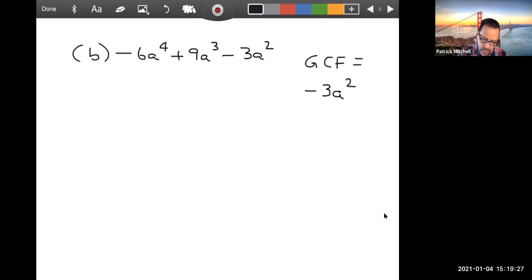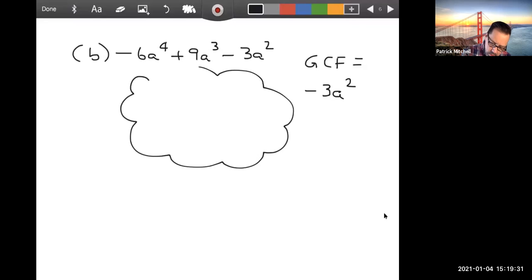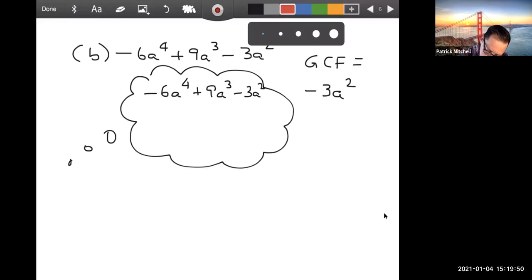All right, now I'm going to do thought bubble. And what I'm going to think about in the thought bubble is what am I left with after I divide each term of negative 6a to the 4th plus 9a to the 3rd minus 3a squared by negative 3a squared.